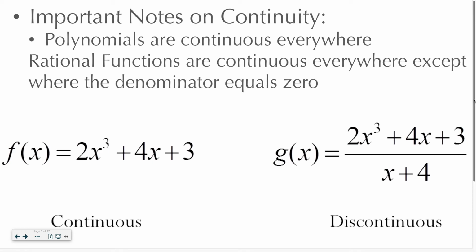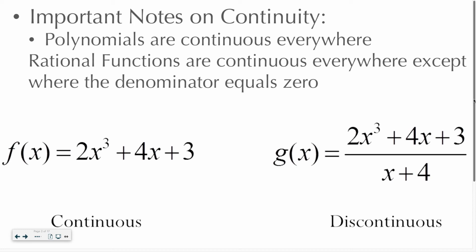Okay. So I'm going to go through some pictures, and then we'll look at some piecewise functions and talk about how they would not be continuous, and then we'll get into some of our algebra parts. So polynomials, always continuous.